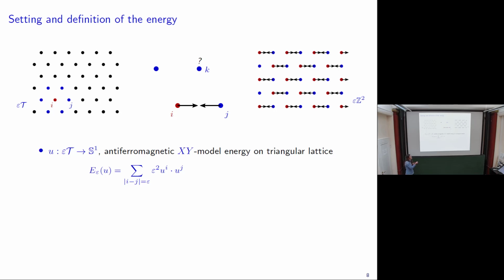And then of course K doesn't know what to do, because it can obviously not be antipodal to both I and J, and it's the nearest neighbor of both I and J. So it's frustrated. That's what we call frustration, if you cannot minimize all the pairwise interactions simultaneously. So you are left with a conflict. You should find a compromise.